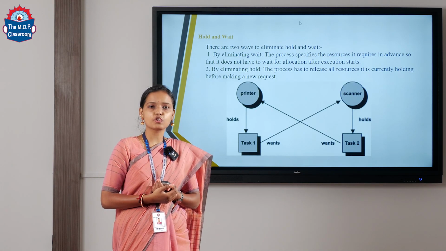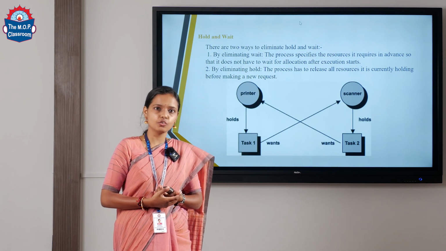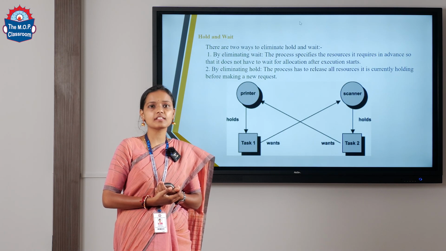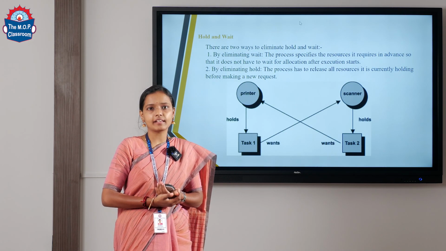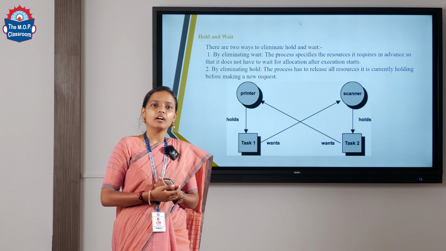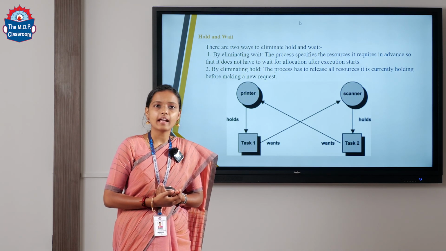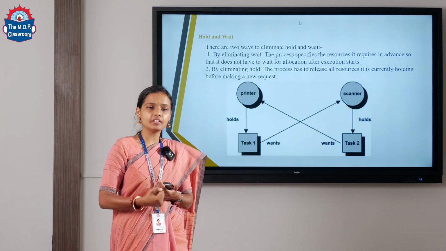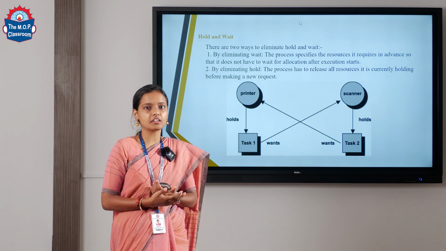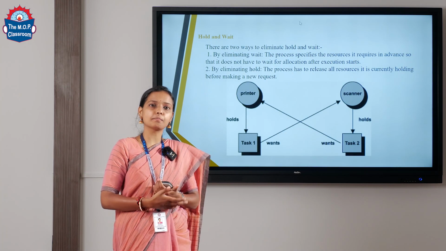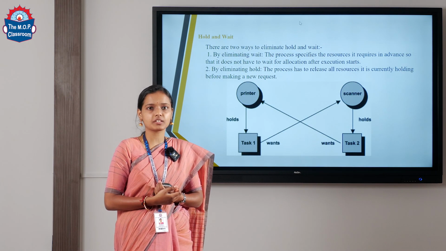The second approach is that the process might not know which particular resources it will need in future. For example, it might assume that it needs a scanner, request it, get the scanner resource and start its operation. But in future, it might require another resource type as well.